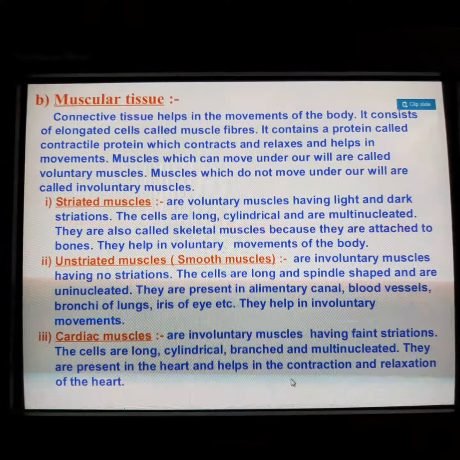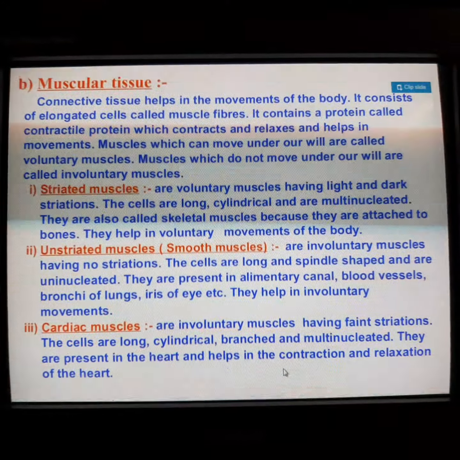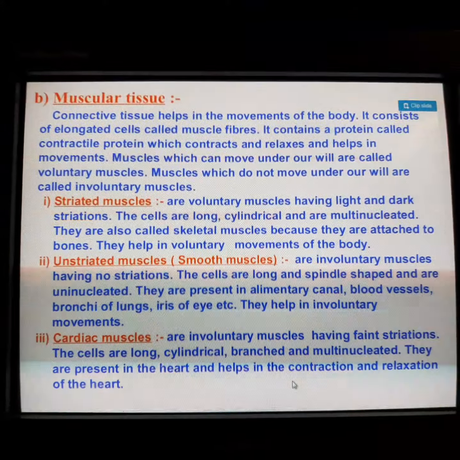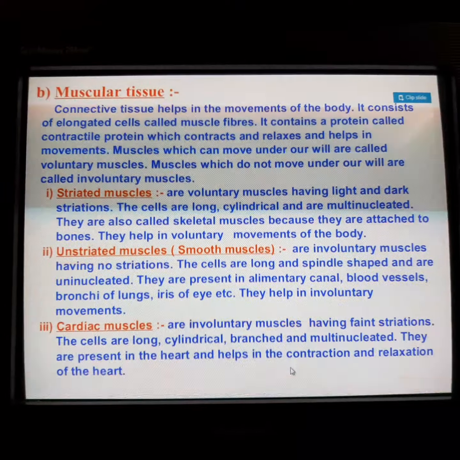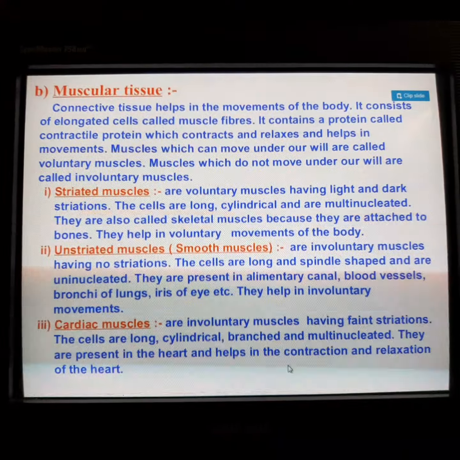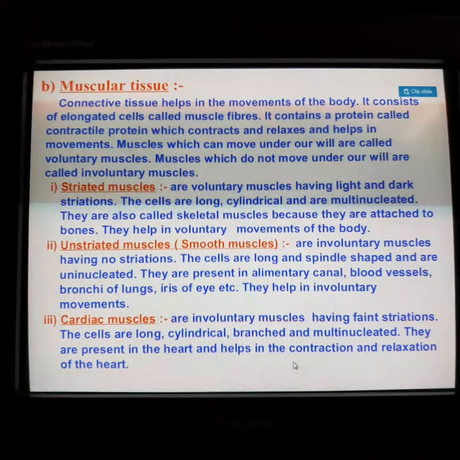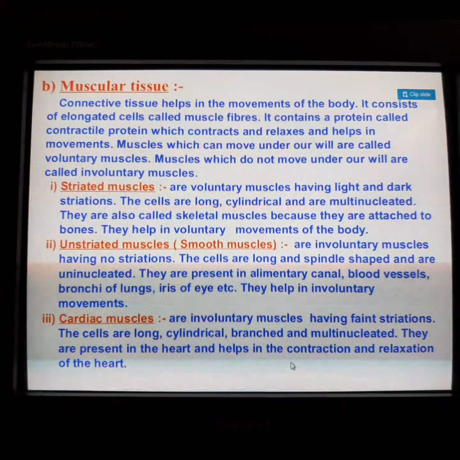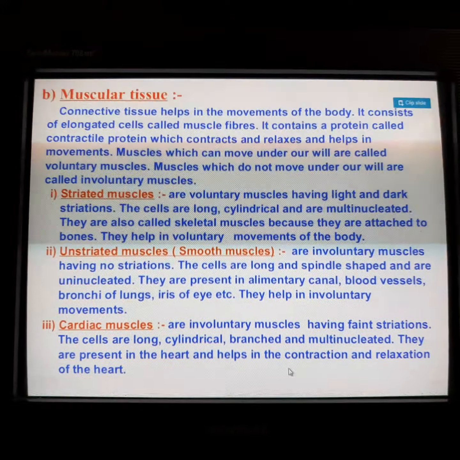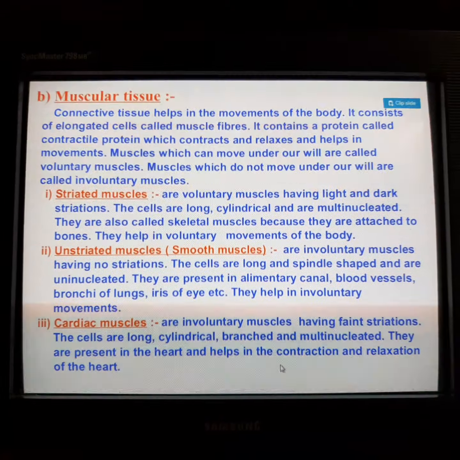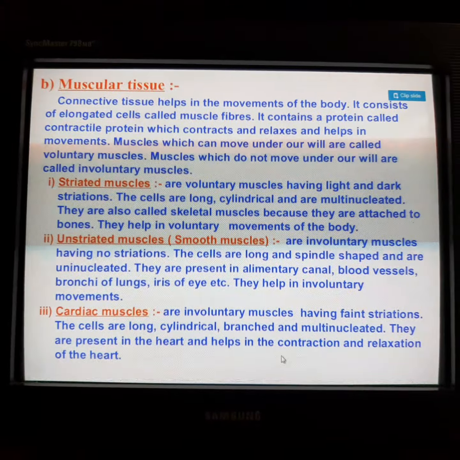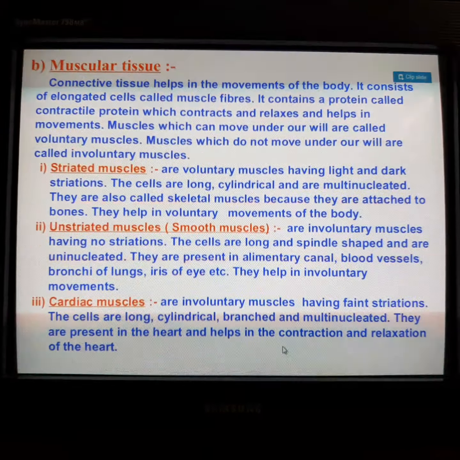Lastly, the cardiac muscles. The term cardiac is always related to the heart, that means the muscles of the heart. Obviously, the heart doesn't beat according to us, so it is also made up of involuntary muscles.